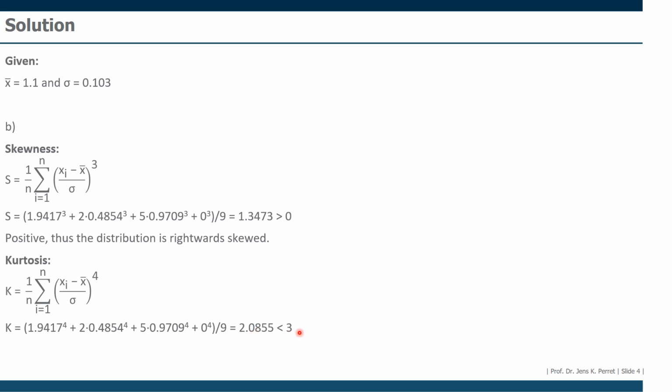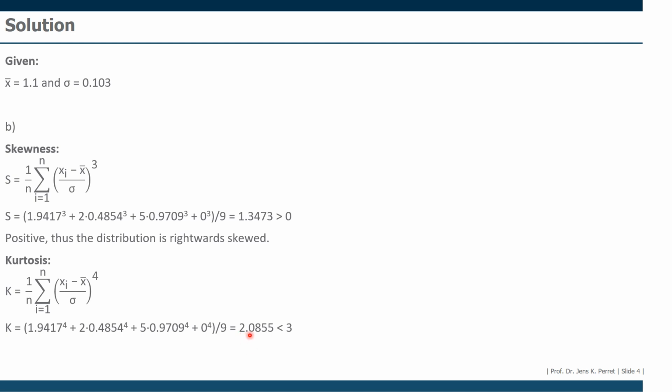Why 3? Because 3 is the kurtosis of the normal distribution. So I'm always comparing: is my data set broader, more heterogeneous than the normal distribution, or more homogeneous, so a bit steeper than the normal distribution?